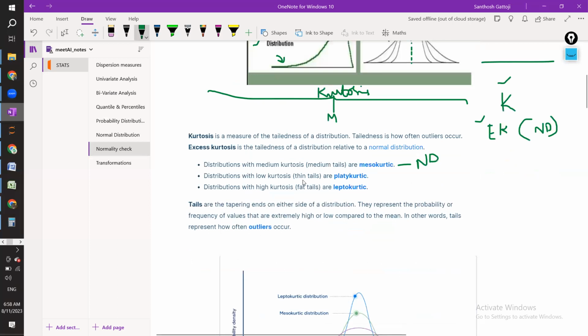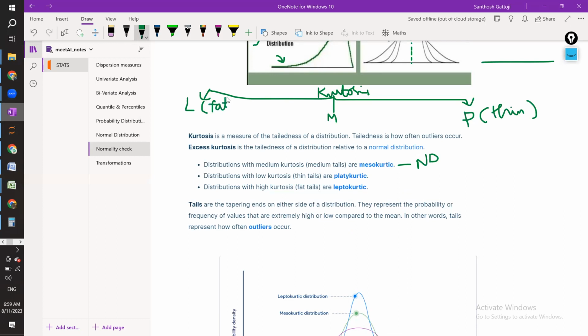Distributions with low kurtosis, that means thin tails, are called platykurtic. It will be Greek and Latin names, don't worry. Here it is thin. And the distributions with fat tails are called leptokurtic. Here it is fat.